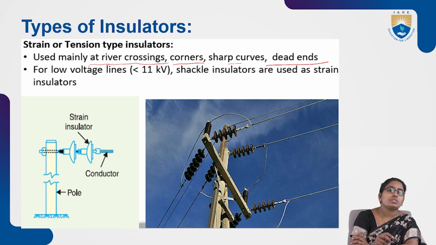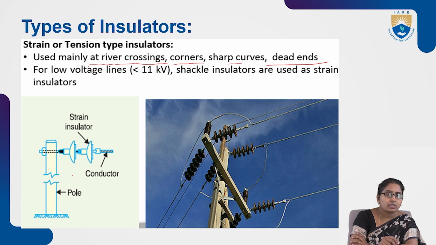It is used at river crossings, corners, and dead ends. That means where the transmission line has to cross a river, where there is a corner, or at a dead end of the transmission line. In those cases, they go for this strain type insulator.